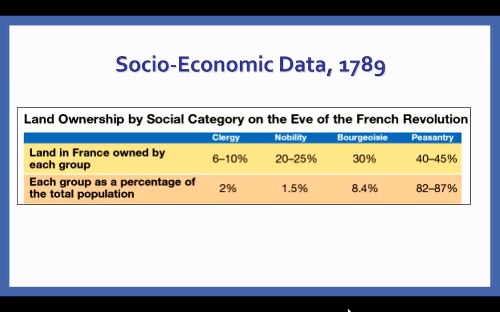To put it also in terms of land ownership, essentially the clergy and the nobility, the first and second estate, owned not the most land, but the best land. So you can see that this ancien regime didn't make sense because it was based on birth.